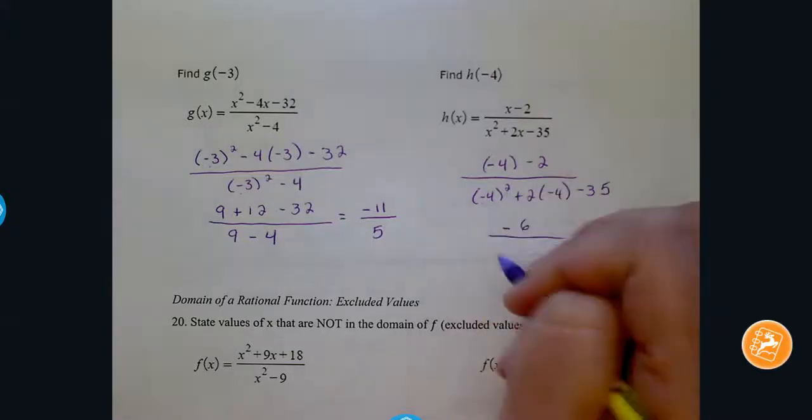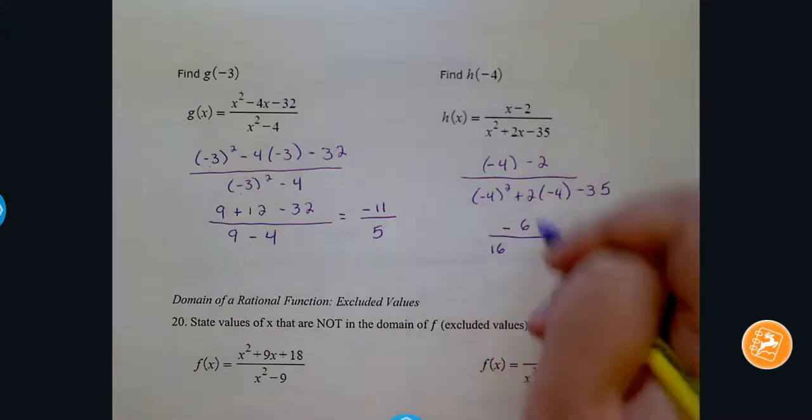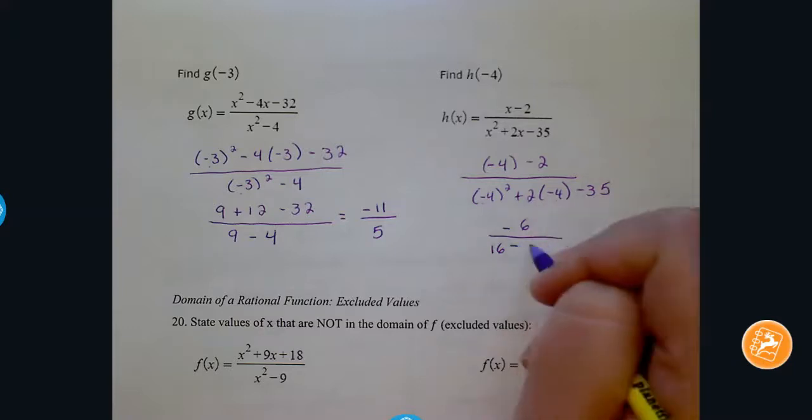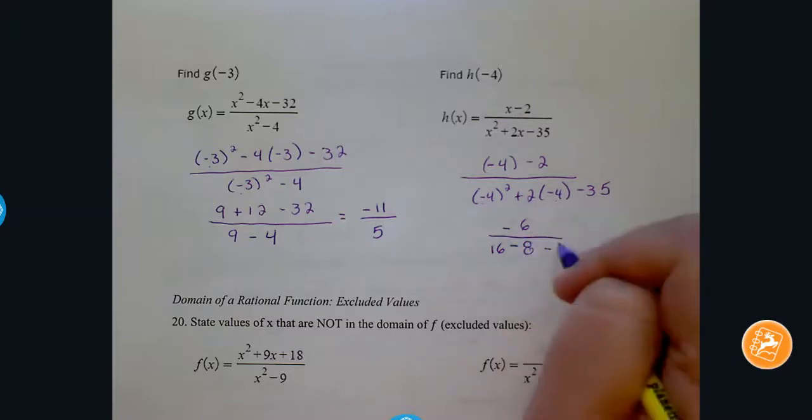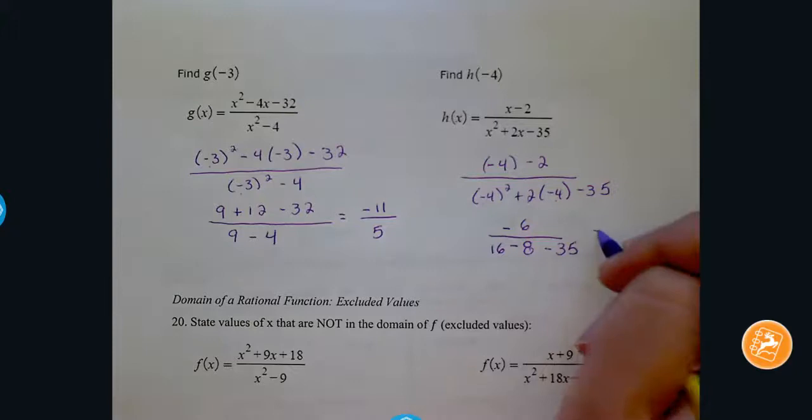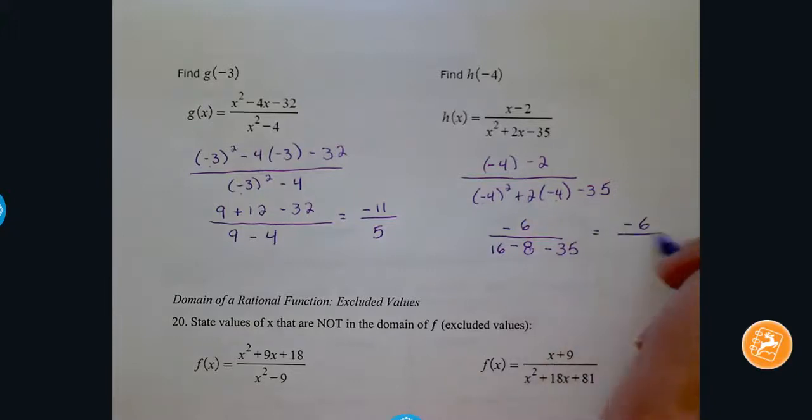Negative 4 squared is positive 16. 2 times negative 4 is negative 8 minus 35. So negative 6 over 16 minus 8 is 8. Then 8 minus 35 is negative 27. So we have negative 6 over negative 27.